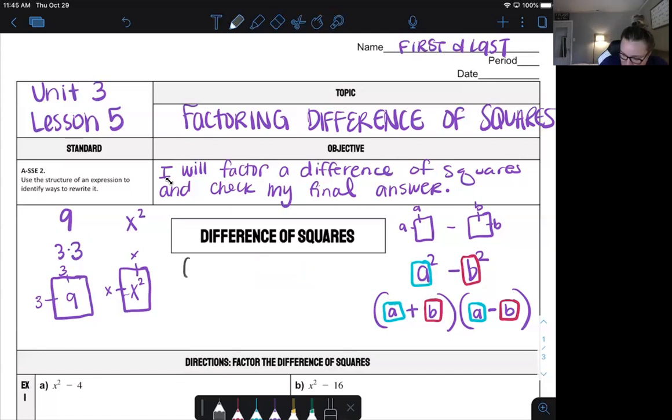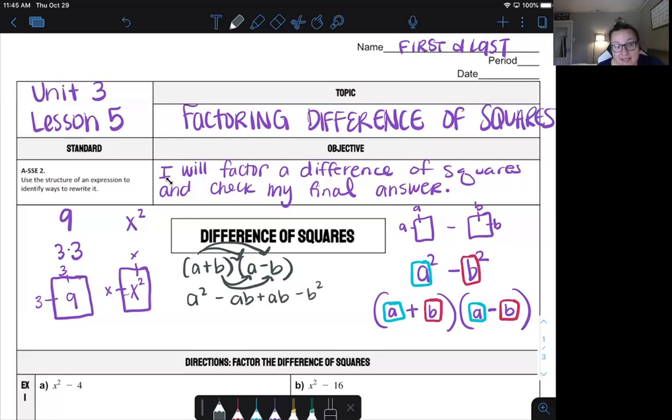Well, if I take a plus b times a minus b, we're going to multiply it out and check just to make sure we're right. A times a would be a squared. A times negative b would be negative ab. Positive b times a would be positive ab. And then positive b times negative b would be negative b squared.